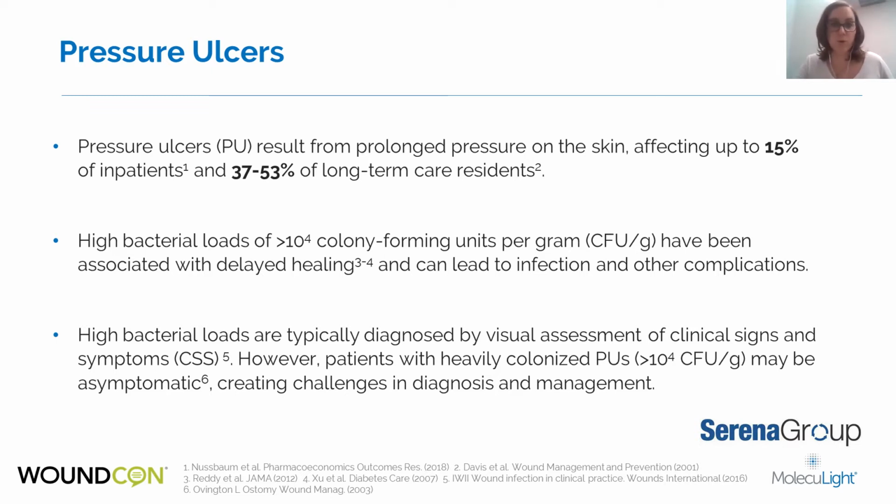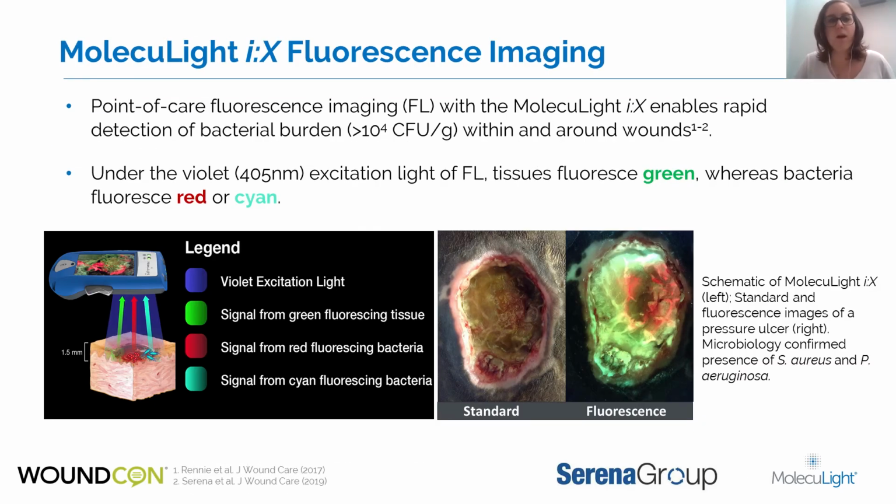The MolecuLight IX fluorescence imaging device enables rapid detection of bacterial burden, the presence and location at loads of 10 to the 4 CFU per gram within and around the wounds. This is done through shining a safe violet light over the wound, which the device emits, and this causes fluorescent signals to come back to the device.